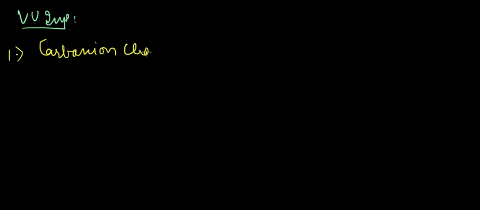So we write some very important rules here in case of Saytzeff and Hoffman products. First is, we get carbanion character in the transition state in case of a poor leaving group.